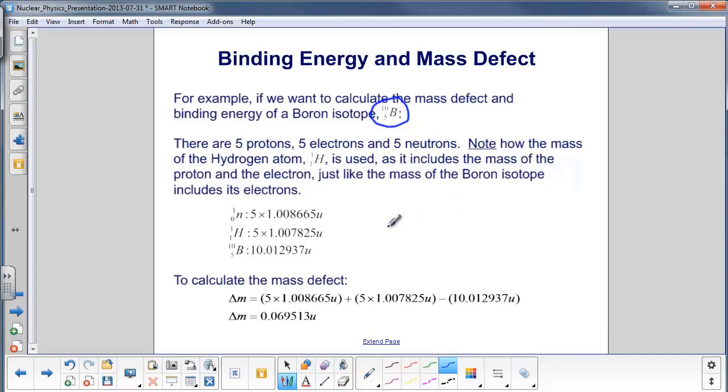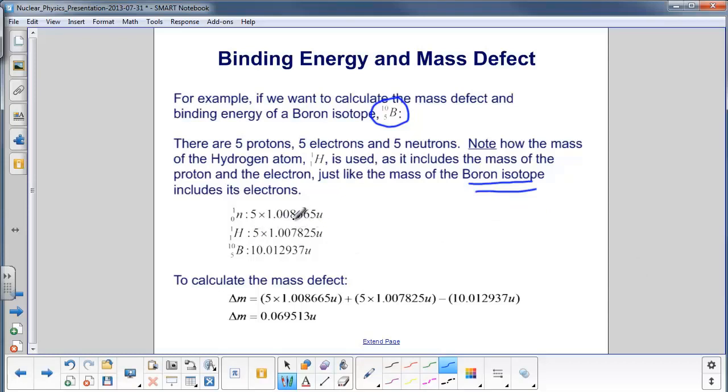Now, for our calculations, we're going to use the mass of the hydrogen atom for every proton we have, because the mass of the boron isotope includes all the electrons, and even if they're small, it is a factor. So we will be using the hydrogen atom when we talk about how many protons we have. That'll become clearer hopefully as we do the problem.